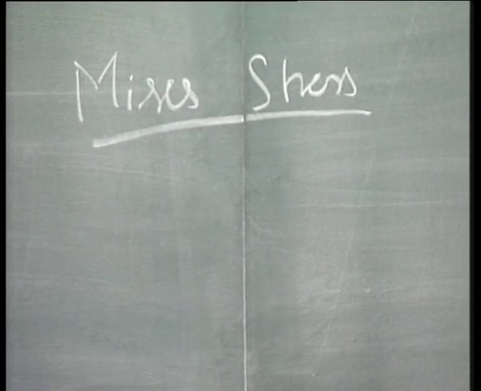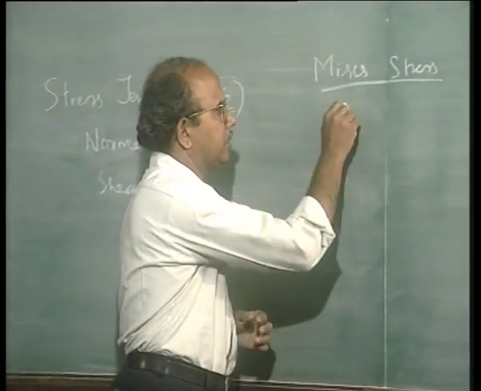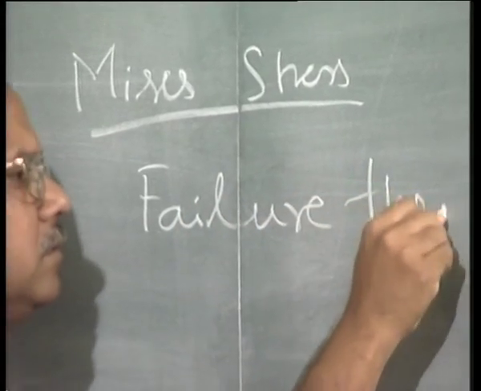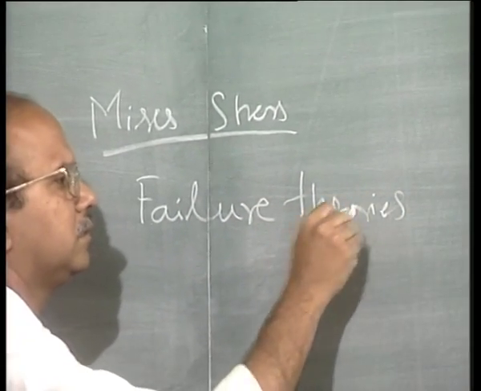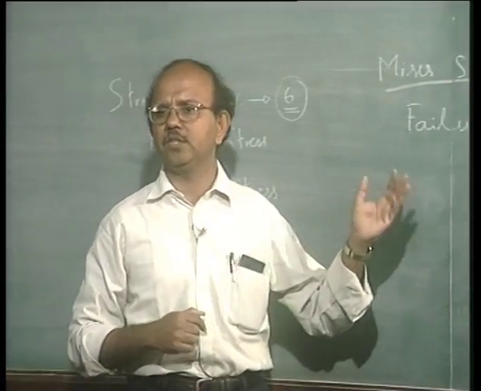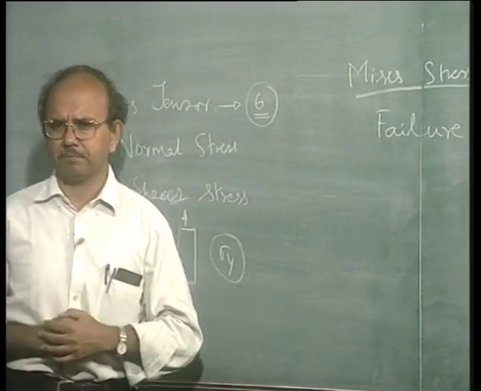Now, in your earlier classes you would have called this theory failure theories. And probably you would have called this the distortion energy theory. You would have studied a number of failure theories.